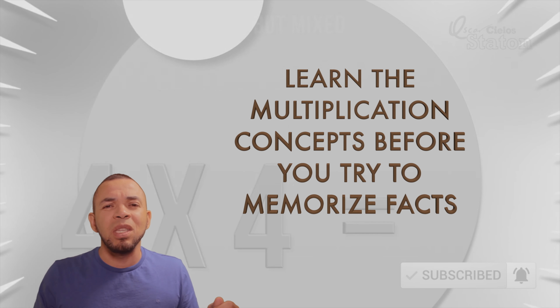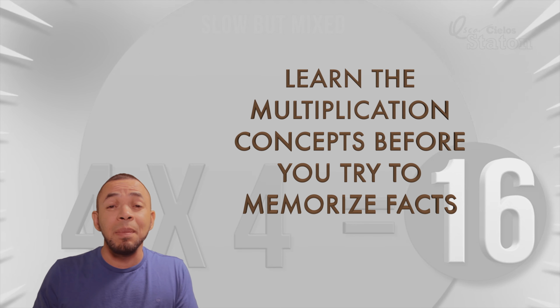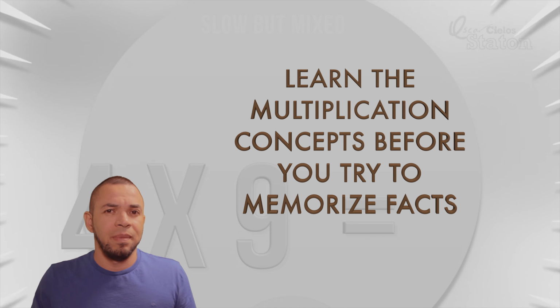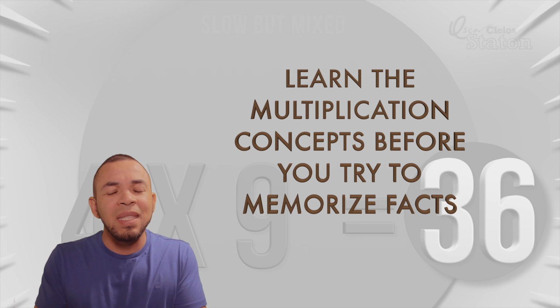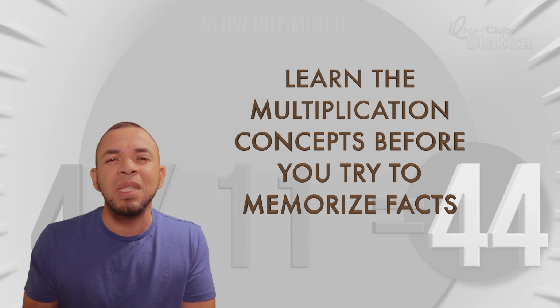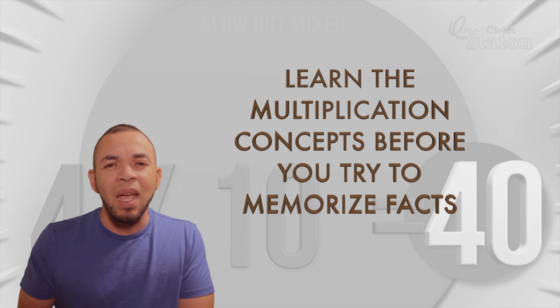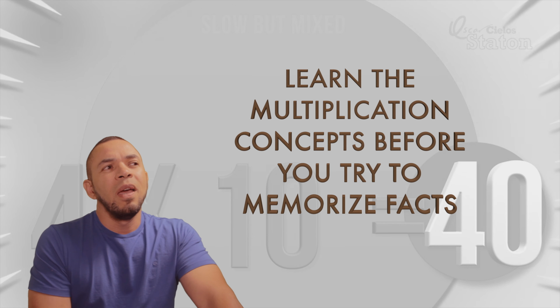So it is pretty much meaningless for a kid to come up to me and say, hey, 6 times 7 is 42. And the first question I would ask that kid is, well, what does that mean? Can you name a scenario where that would be important? Do you understand what that means, basically?